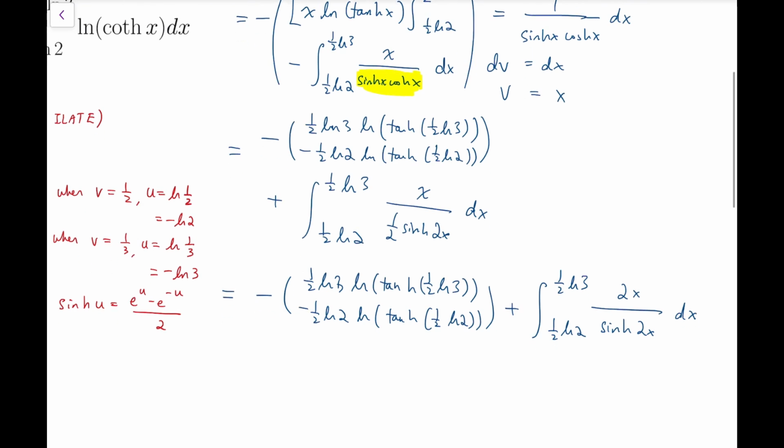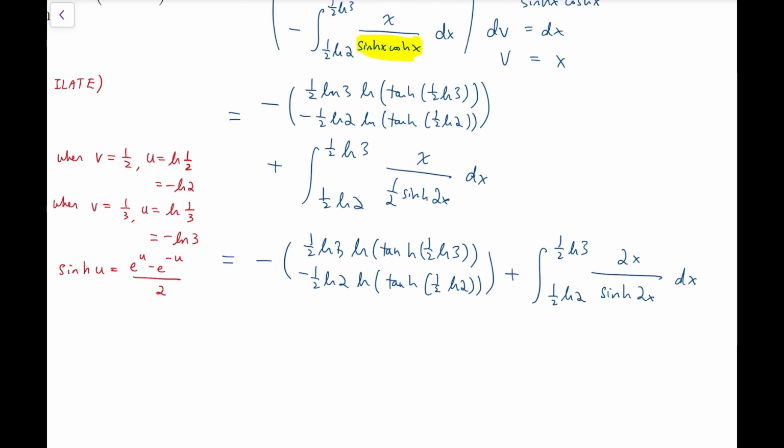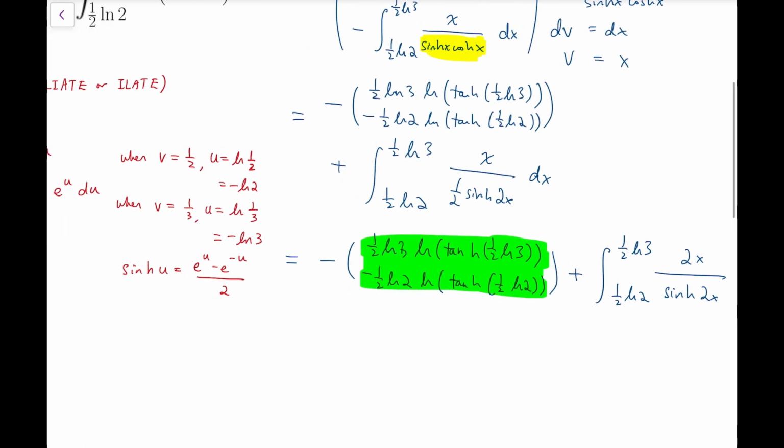But before that, let me also take care of this part of the expression, which is to compute log of tangent h of certain numerical values. So we recall that tangent h of x is e to the power 2x minus 1 over e to the power 2x plus 1, as we have done before.